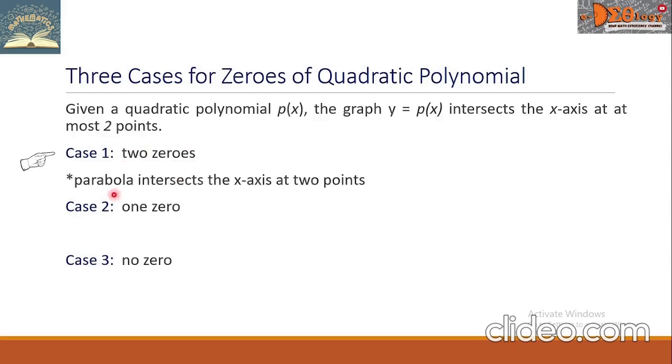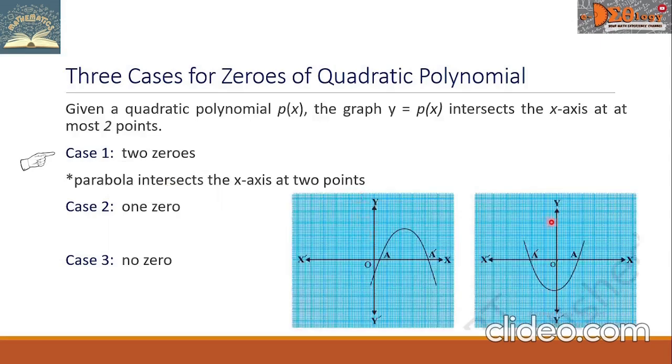It means the parabola intersects the x-axis at 2 points. We have here two examples. This is our first example. This parabola opens downward. We can see that the graph intersects the x-axis at 2 points. Here is another example. The parabola opens upward. We can see that the graph intersects the x-axis at 2 points.